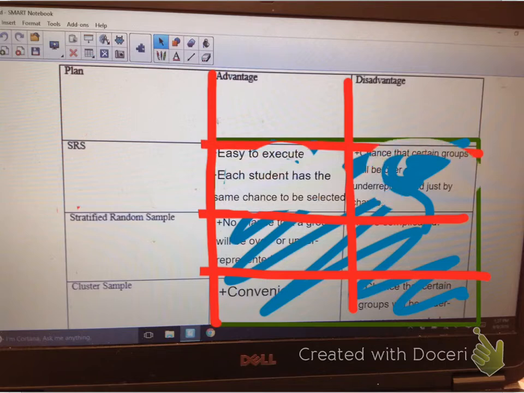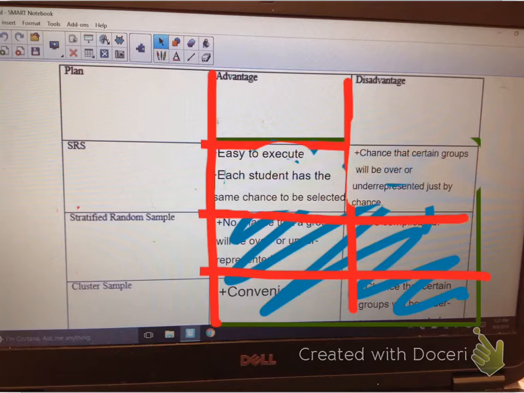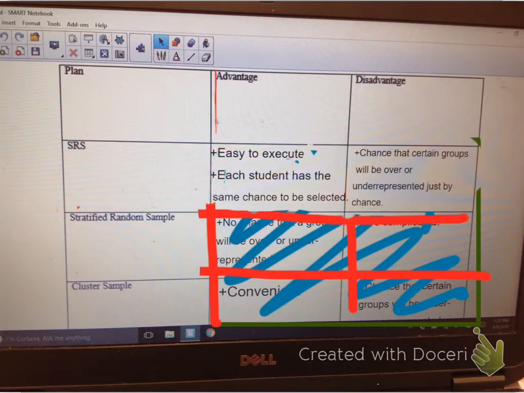A disadvantage would be that there's a chance that certain groups will be over or underrepresented just by chance.